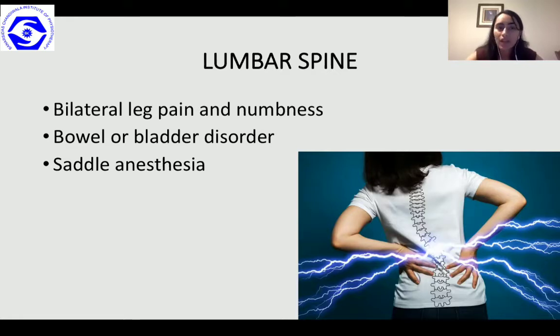And similarly, you can ask about the bowels. For saddle anesthesia, it would be very difficult to explain what the saddle area is, so you can just ask, "Do you feel any loss of sensation in the area which touches the bicycle seat?" In this way, it would be easy for the patient to understand if you ask about saddle anesthesia.